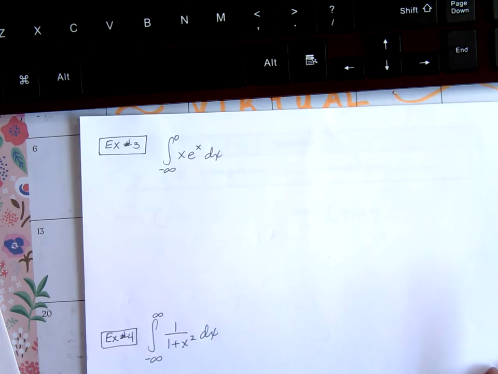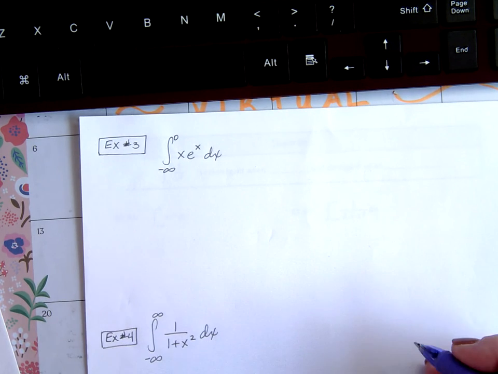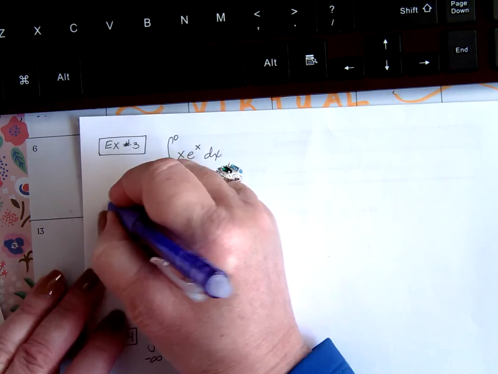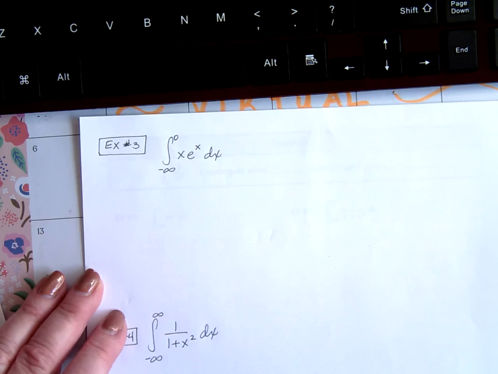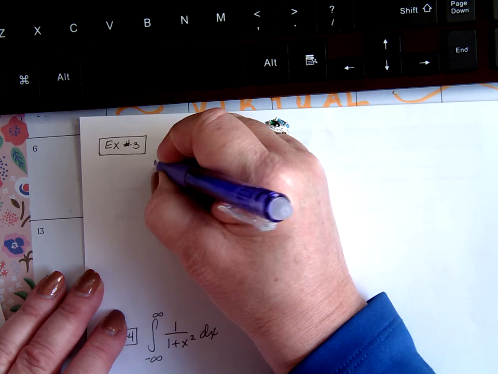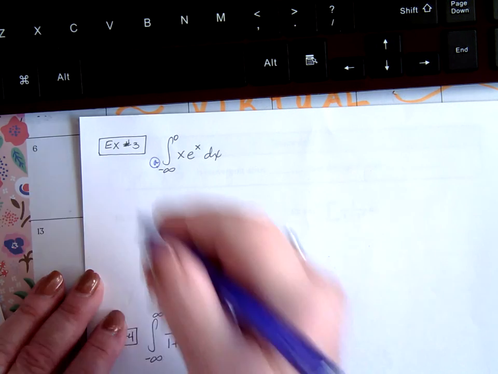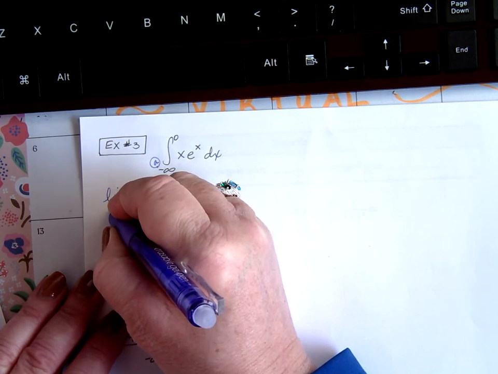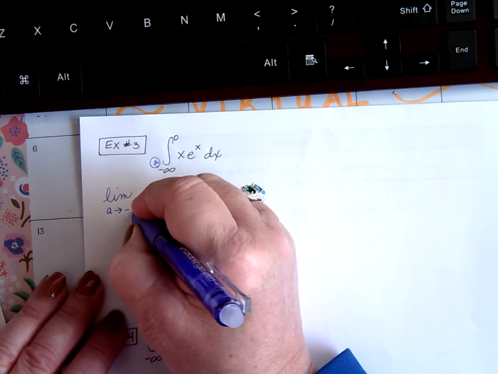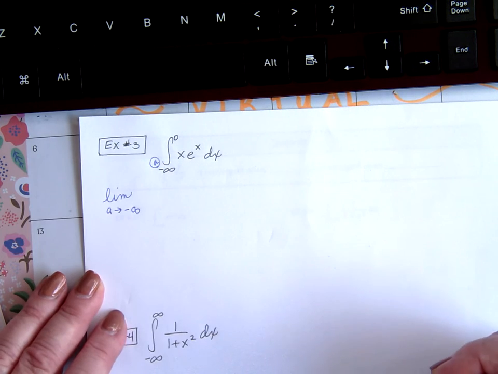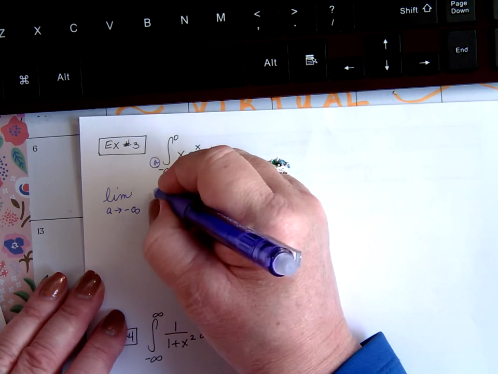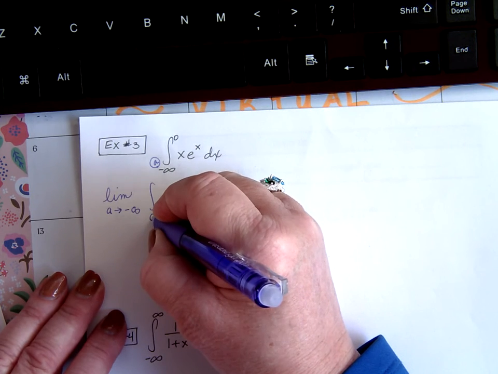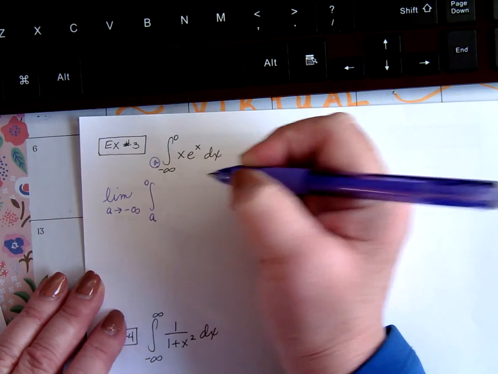Example 3 has a whole bunch of stuff that comes into play, but let's do our rules, right? If I write it as a limit first, now where's my infinity? My infinity is in the A location. So now my limit is going to be the limit as A approaches negative infinity for the integral going from A to 0 of x e to the x.